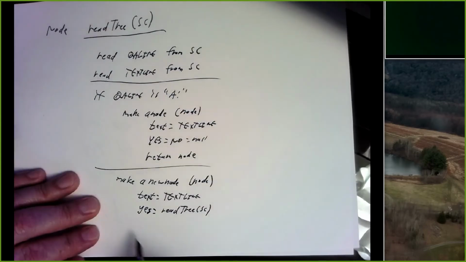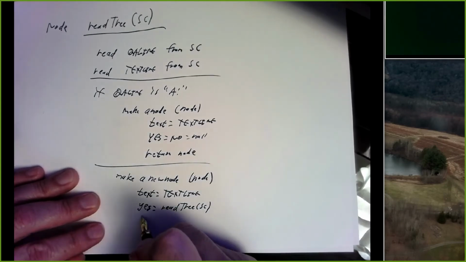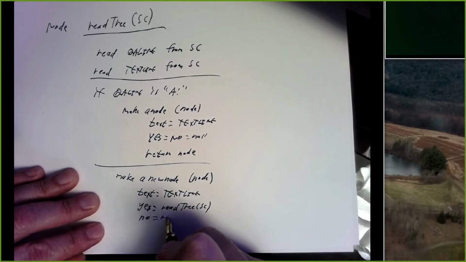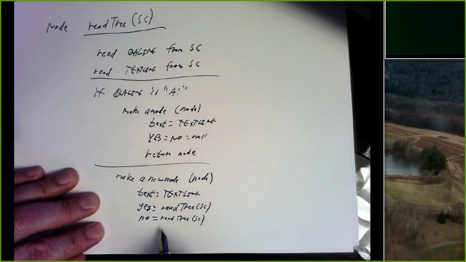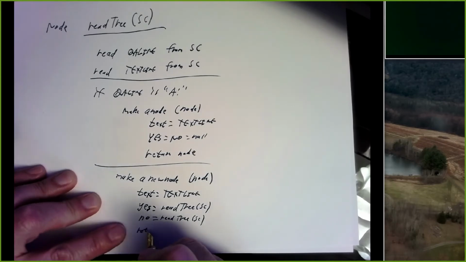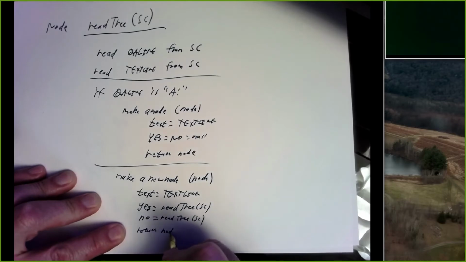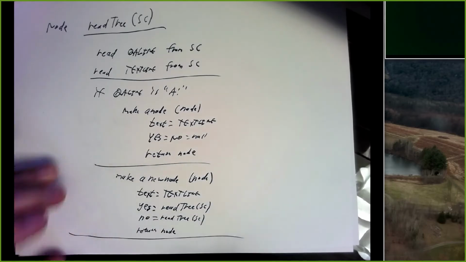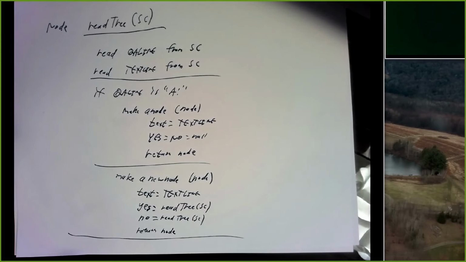That'll return a node. We'll set the yes child of our current node equal to that. And then we'll call read tree a second time, recursively. We'll take the tree that comes back, the node, and store that in no. And then we'll return this node that we just created. That's your whole read tree algorithm.